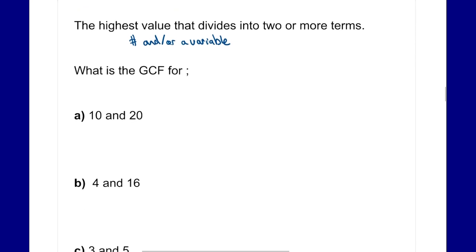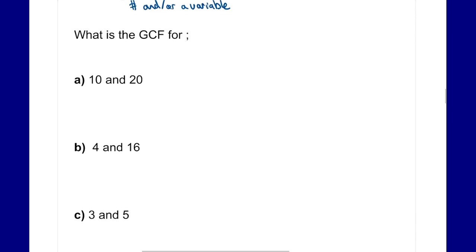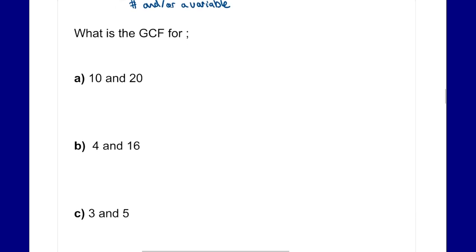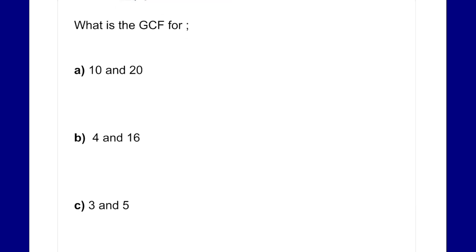So it doesn't necessarily have to just be a value. So we're going to look at a couple of just values though, and we want to think about what is the greatest common factor for 10 and 20. Again, our definition is the highest value that divides into the 2 or more terms. So what is the highest value that divides into both 10 and 20? Right? You could break down each number and think, okay, what numbers multiply to give me 10?